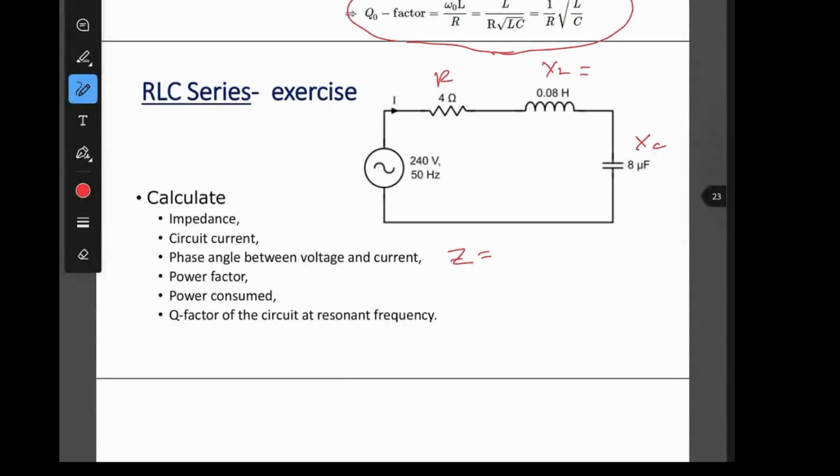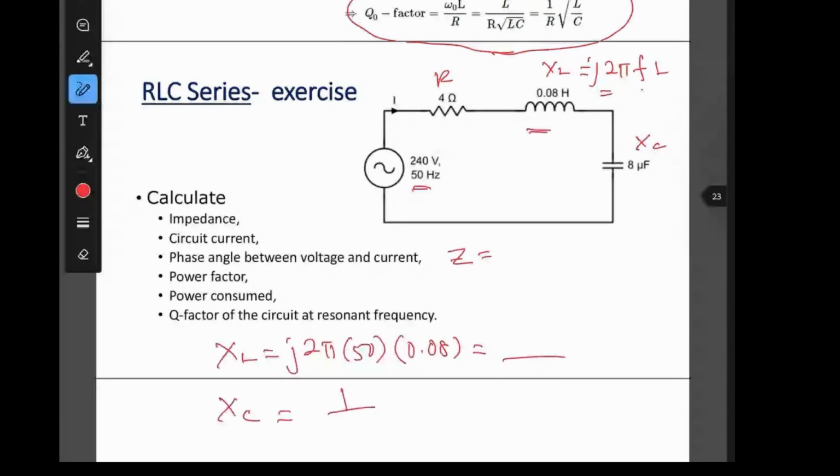So we have frequency is 50. XL is equal to J 2 pi FL, which is equal to J times 2 pi times 50. L is equal to 0.08 Henry.